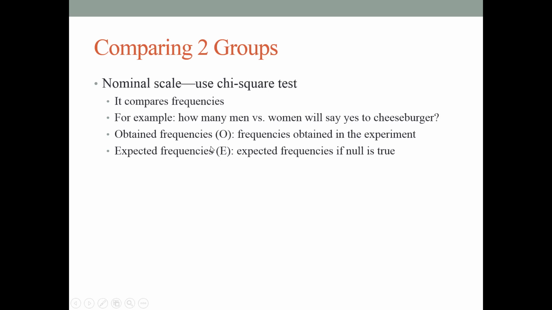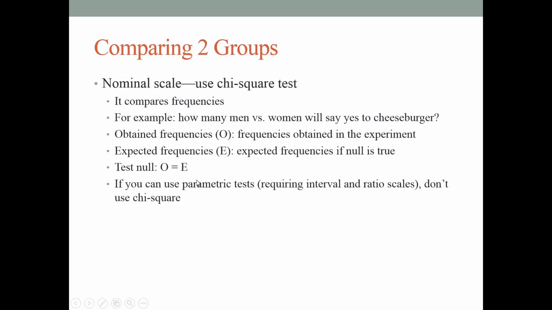Let's say 5 men say yes, and 4 women say yes. Now, if the null is true, you will expect they should be the same number, either 5 versus 5 or whatever. And so you test the null, to see if the difference is enough for us to say it's a significant difference.